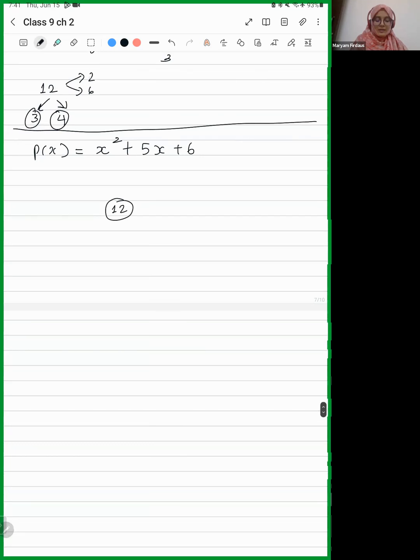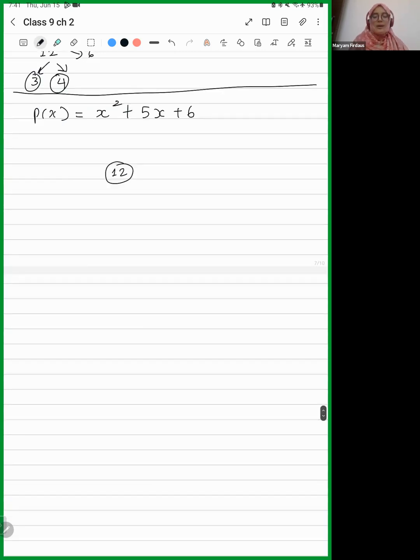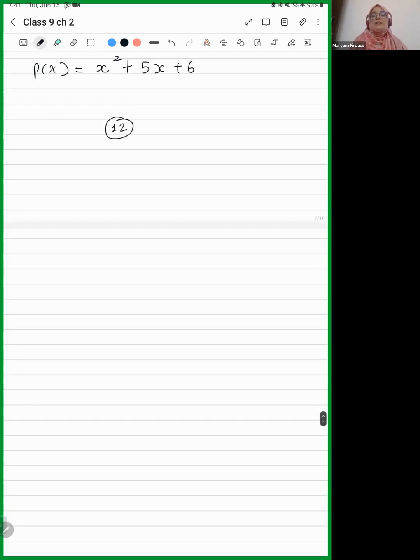It has 6 factors: 1, 12, 2, 6, 3, and 4. So if you divide 12 by any of its factors, the remainder will be, yes, ma'am?